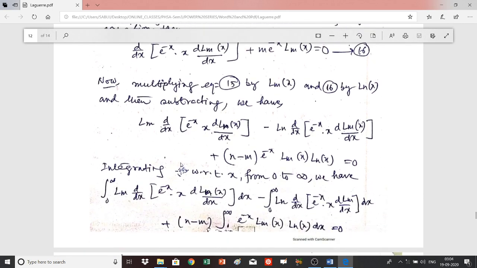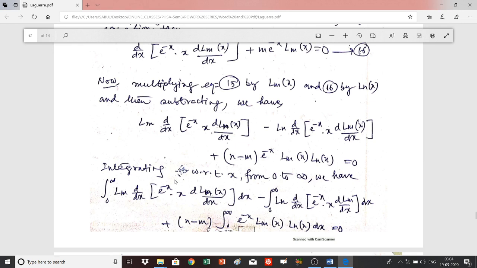Now what you have obtained in this expression is given here, and integrate all the terms of this equation with respect to x from 0 to infinity.